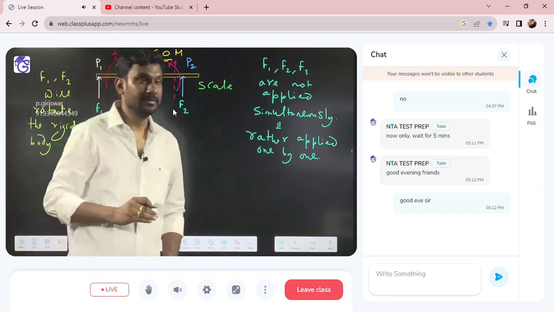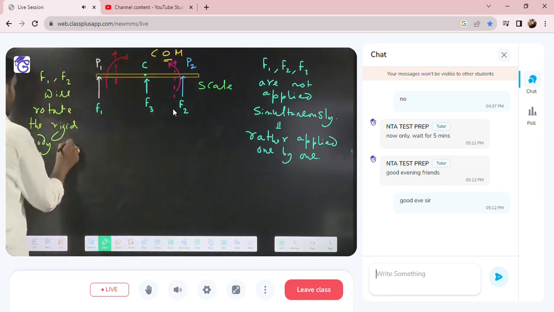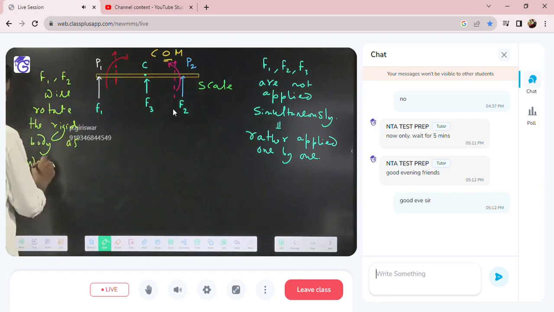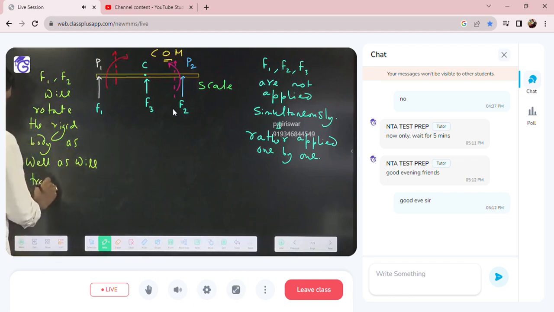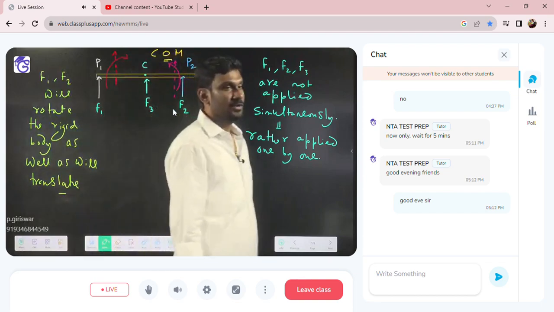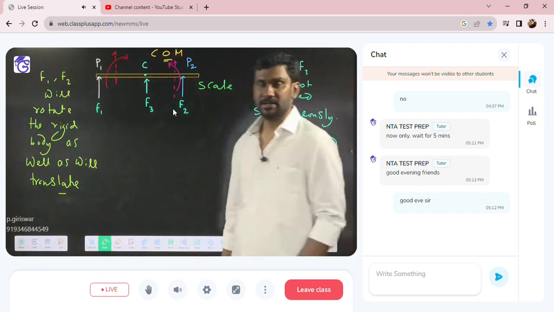Yeah, clear? Correct? Yes. Correct? So F1, F2 will rotate the rigid body as well as translate it.